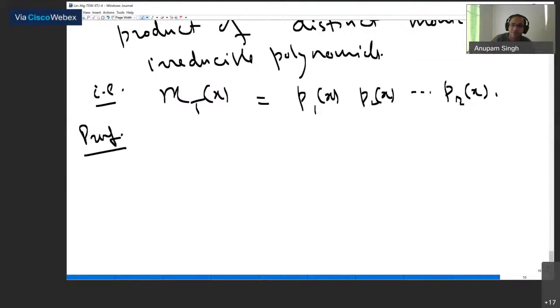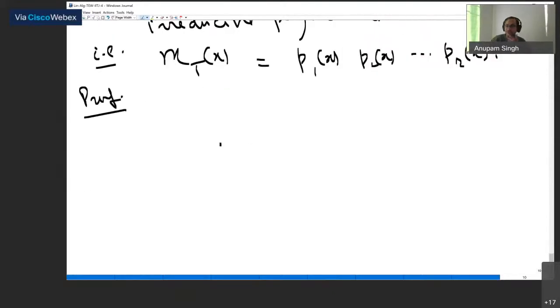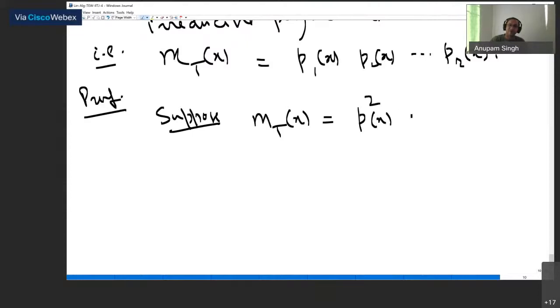So the proof of this follows from what we did just now. Suppose the minimal polynomial m_T(x) has some polynomial appearing with degree more than 1. So we separate out that polynomial P and put other things together as Q(x).